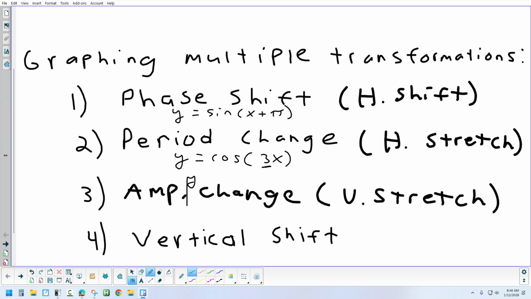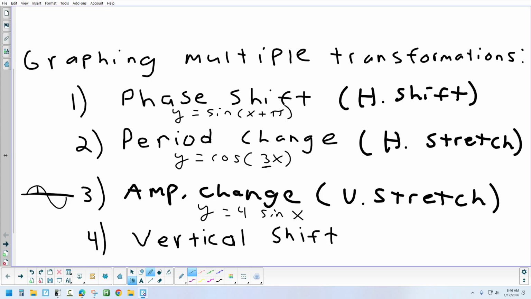So something like y equals 4 sine x. What that does is it changes the distance from the midline of the wave, or that center line, to the height. It would now be 4 times as tall, 4 times as far away.